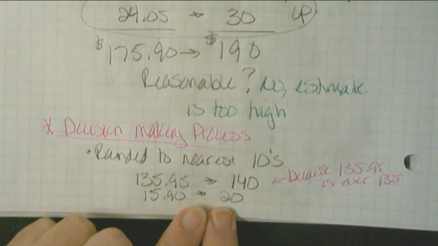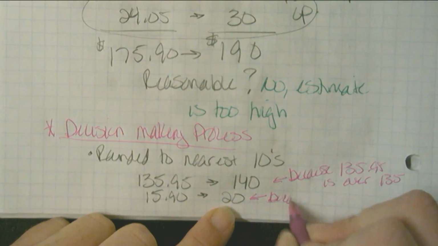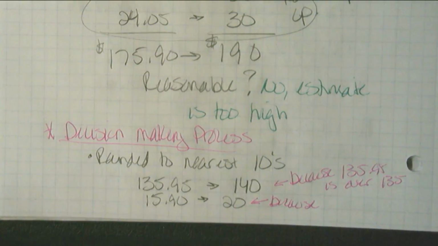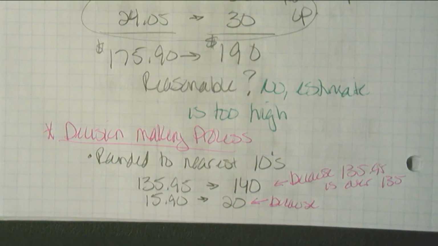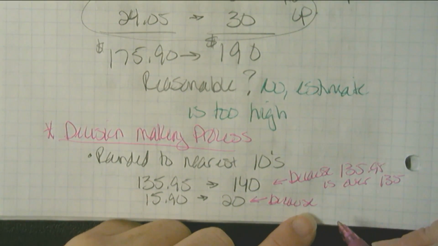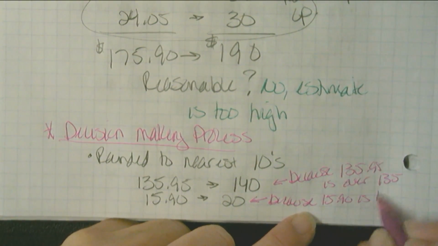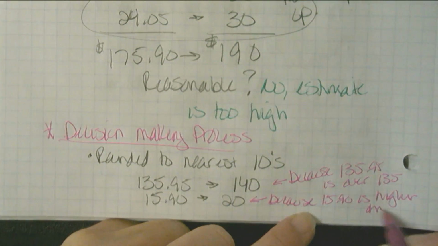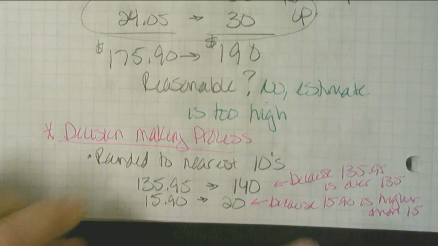Use what I wrote here at 135.95, why I rounded that to 140. Use it as your guide. Why did Mia round that to 20? Kira? Excellent. Because 15.90 is higher than 15.